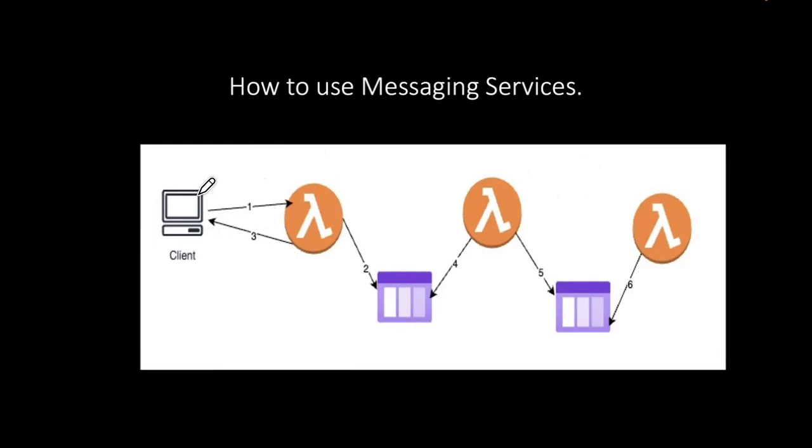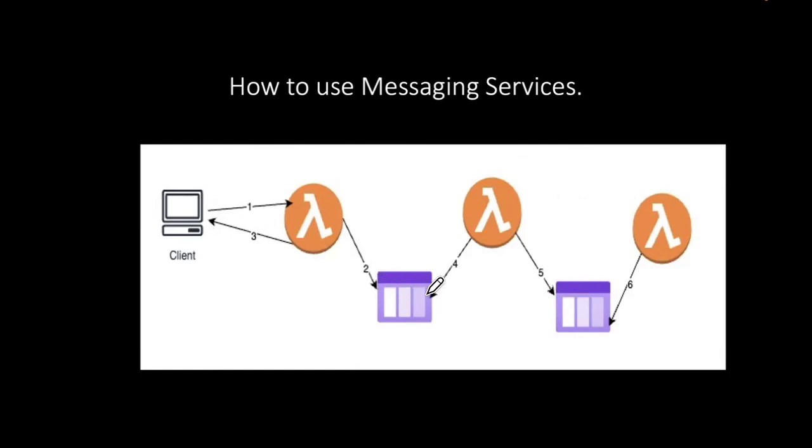Okay, maybe the client needs to be informed at a later stage that the processing done here has been completed, but it doesn't need to know it immediately, right? So this will only work if that is the case.